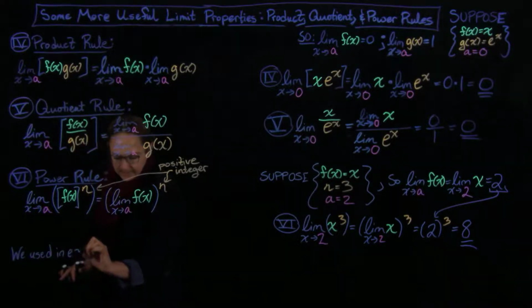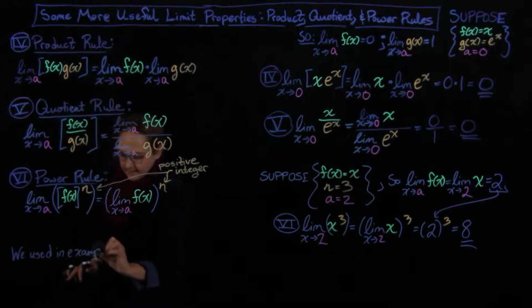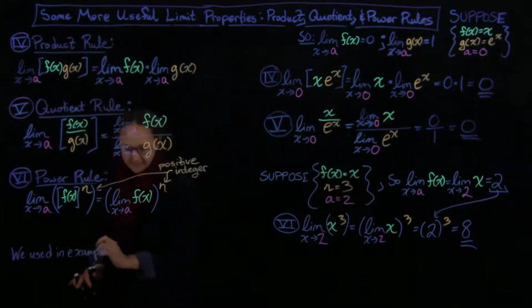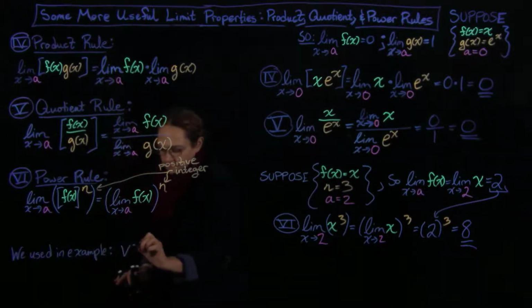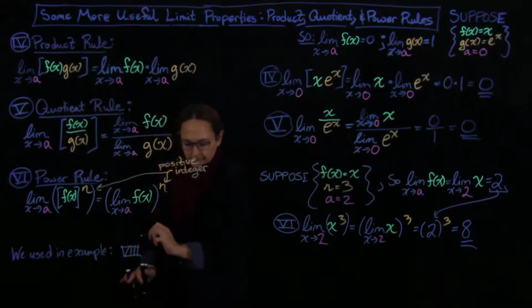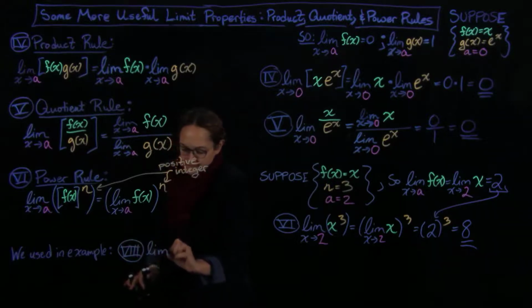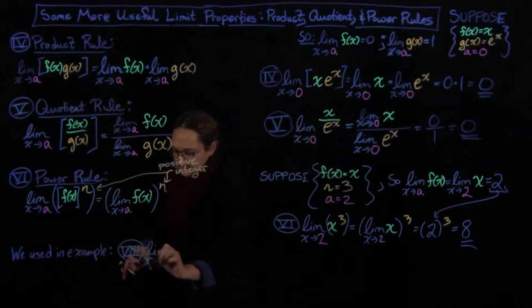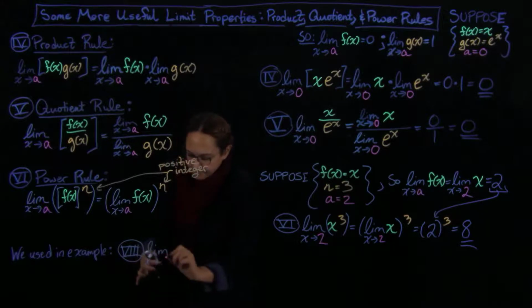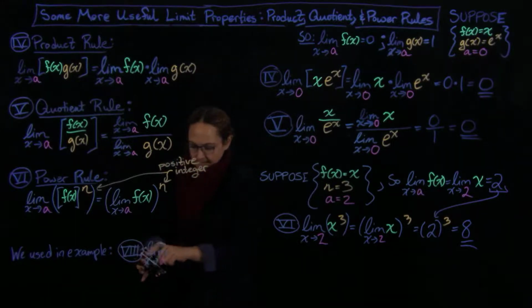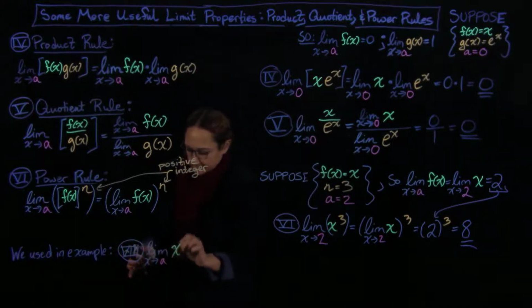We used in this example rule 8, which is that the limit as x approaches a of x is going to equal a.